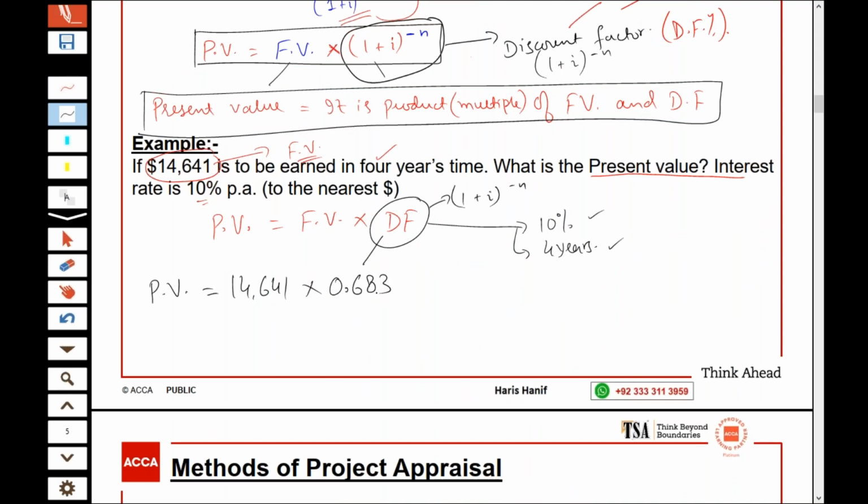This is from the discount factor sheet. And see, it is written to the nearest dollar. So that means my present value would be $10,000. You have to round it off. This is the reversal calculation, that is calculating the present value.